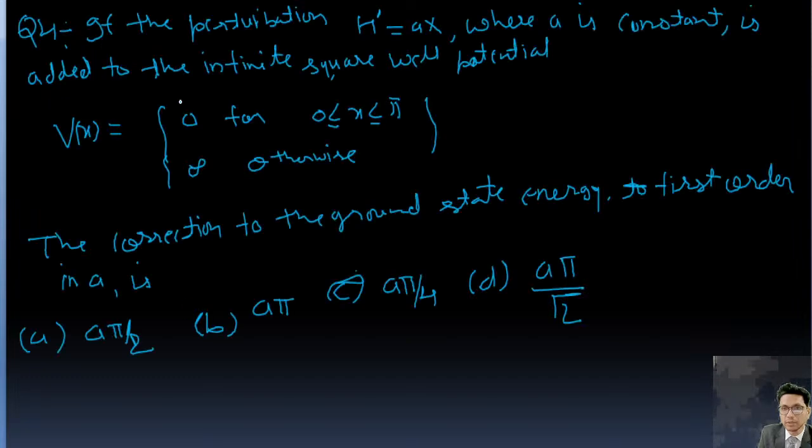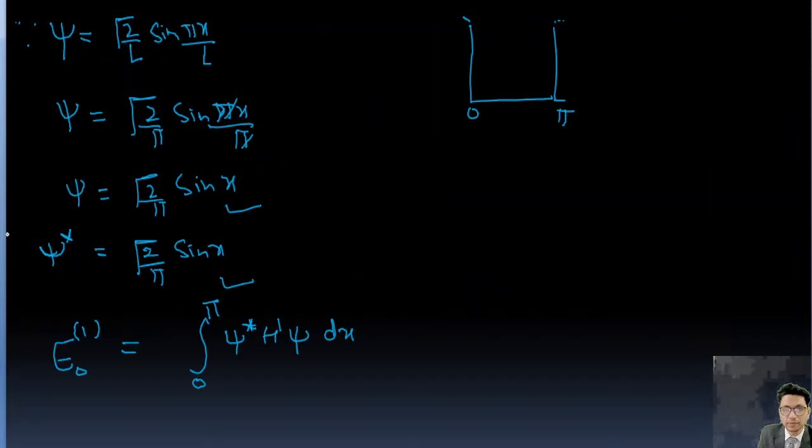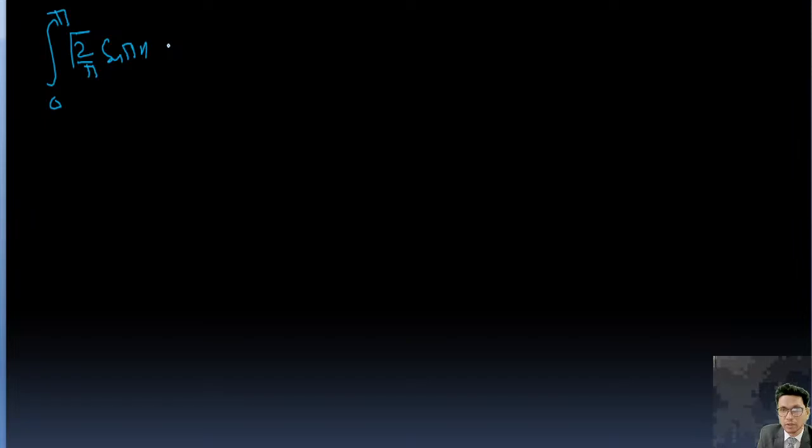It is going to be integration 0 to pi, root 2 upon pi sine x. The value of h dash is given, right? This is ax. Ax into root 2 upon pi sine x dx.